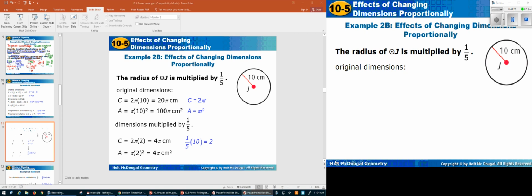So here's where it gets kind of tricky, when you get to things like a circle or an equilateral triangle, because in those two formulas, there's only one variable. What's the formula for area of a circle? Pi r squared. And what's the formula for circumference? 2 pi r. So there's only one variable.